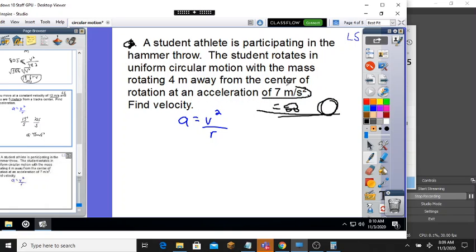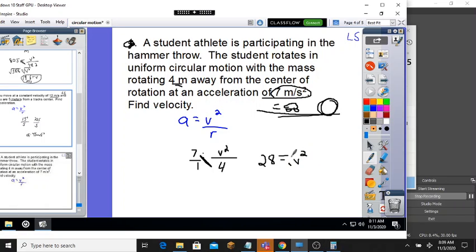So here, this is acceleration because it's got meters per second squared. And they're giving us radius, right? Meters is the bottom one. So v squared, we're going to cross multiply. 7 times 4, 7, 14, 21, 28 equals v squared.